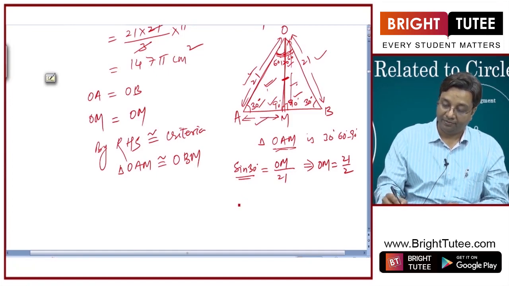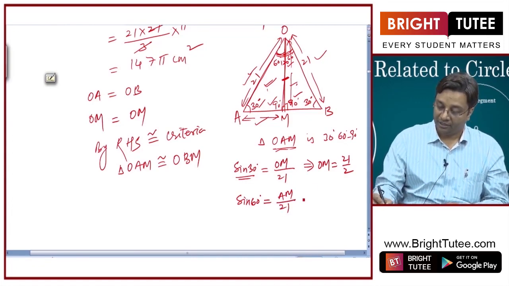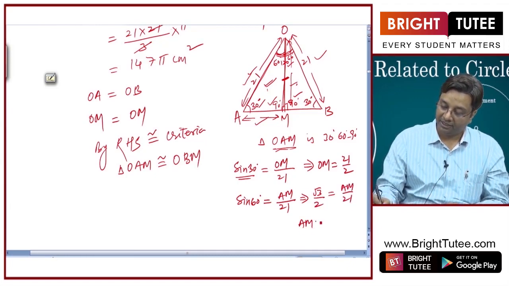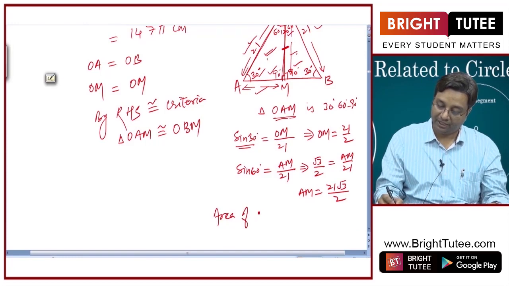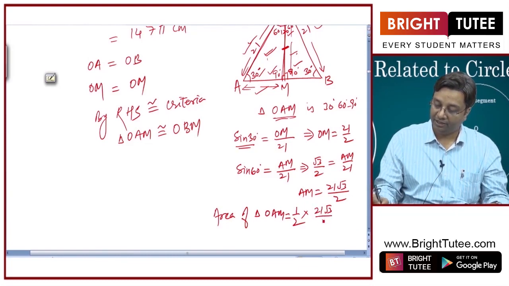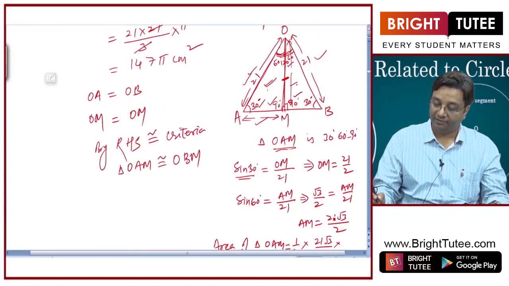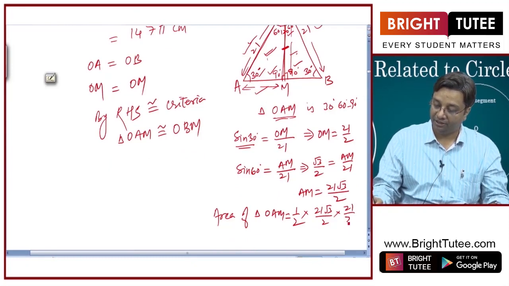To calculate AM, I will apply sine 60 in this triangle, so it is equal to AM upon hypotenuse, which is 21. So sine 60 is root 3 by 2 equals AM by 21. So AM is equal to 21 root 3 by 2. So area of triangle OAM is equal to half into base AM, which is 21 root 3 by 2, into height OM, which is 21 by 2.